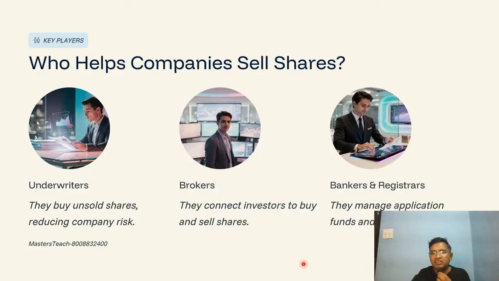Then bankers and registrars. When you are purchasing the shares, brokers are there, as well as registrars. They manage our applications and share records. Underwriters, brokers, and registrars are the people who are authorized to sell the shares.